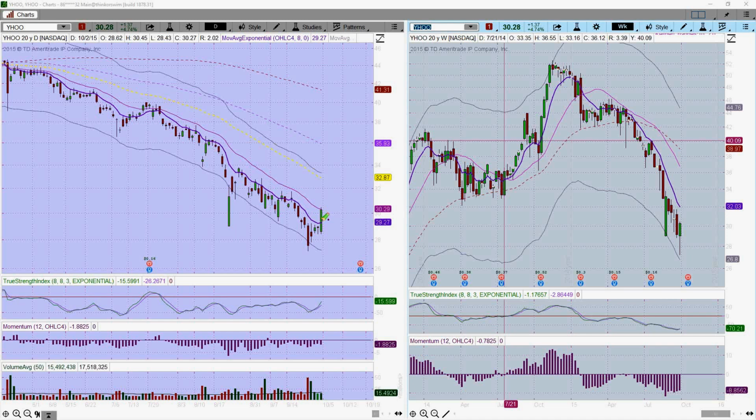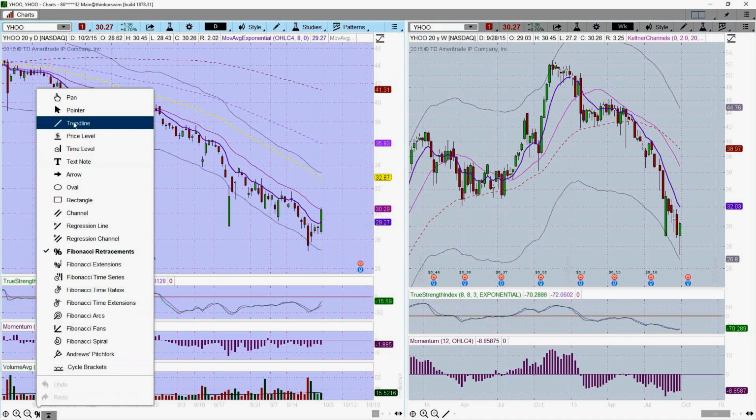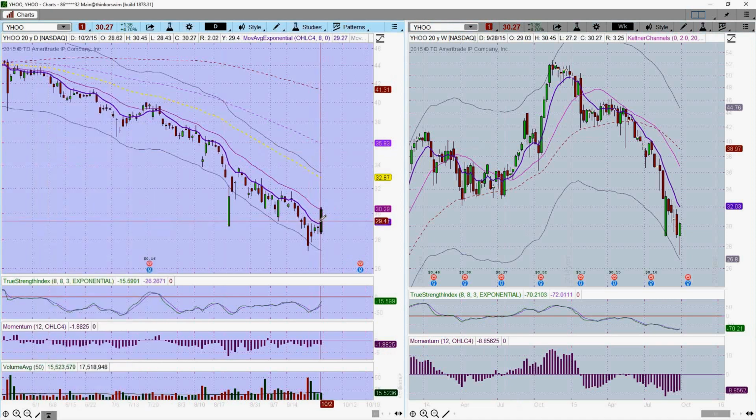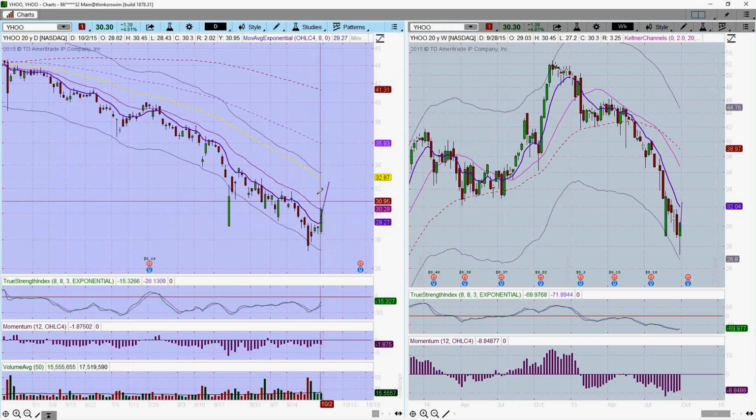Well, if it does get back to the 20, the expectations would be to run from the breakout here back to approximately where the 50-day moving average would be at some point in the future. So that could be like a 10% run.